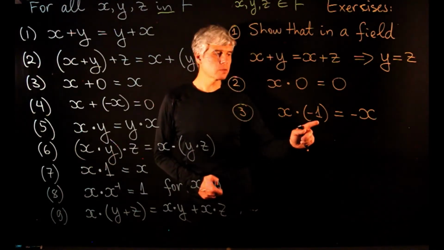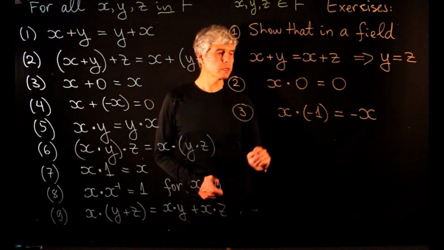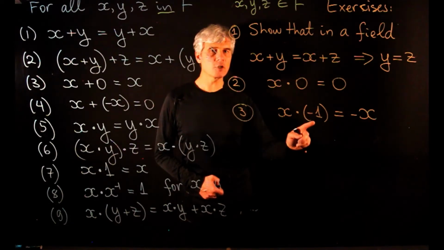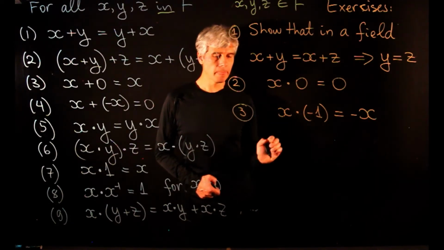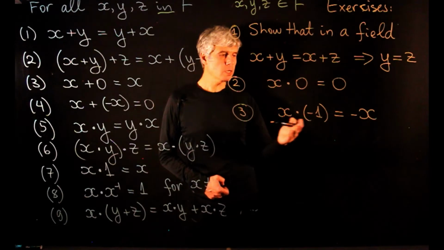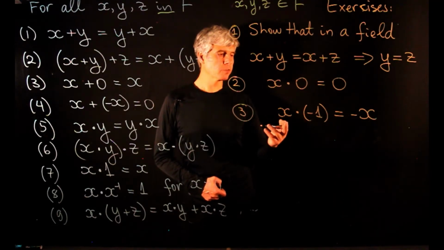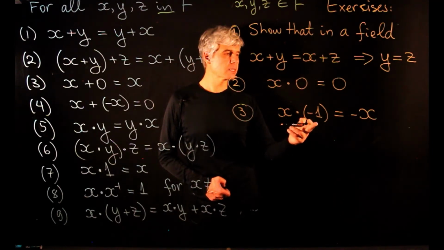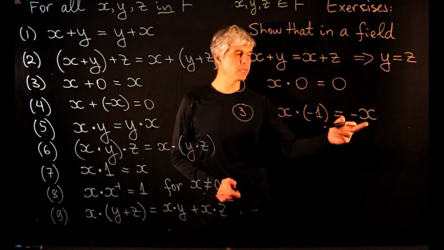So what is -1? -1 is the result that we get when we apply negation to 1. And so here it says that the product of x with the negative 1 is the same as applying negation to x.